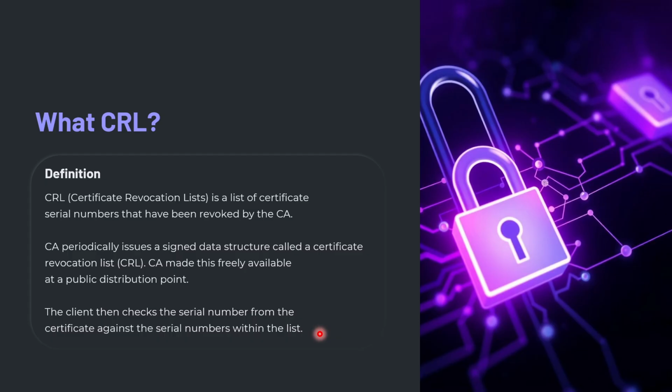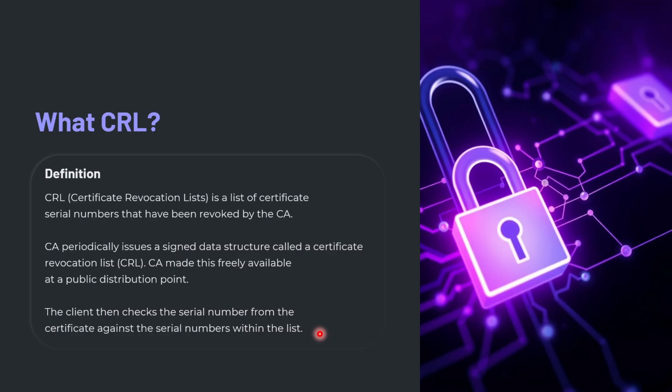If I'm accessing site abc.com and it is issued by some CA, let's say CA1, then the certificate which is securing my abc.com site will have a serial number. That serial number will be checked in the CRL file of that CA. That CRL file can be obtained from the site itself.